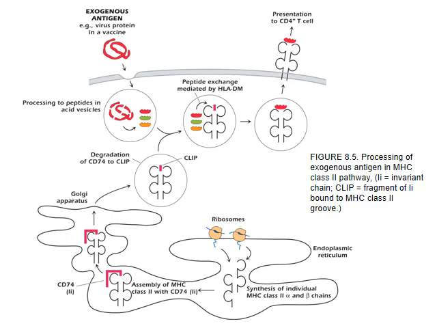So you can see from here, once it's released from the Golgi apparatus, we form a clip, and then basically this whole structure will come and fuse with the vesicle that contains an antigen. And then in this process, we remove the clip that is degraded and then put on the antigen peptide of our interest on top of that MHC and then present it to the CD4 T cell.